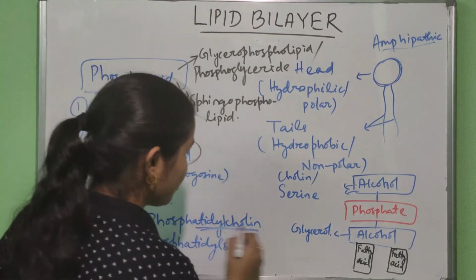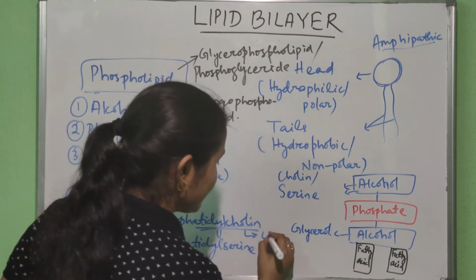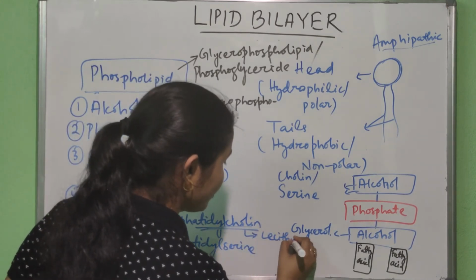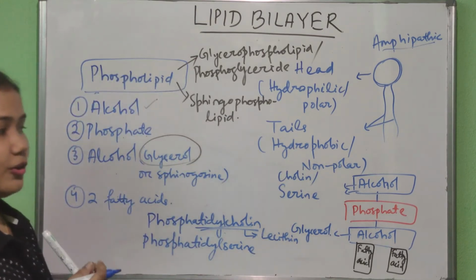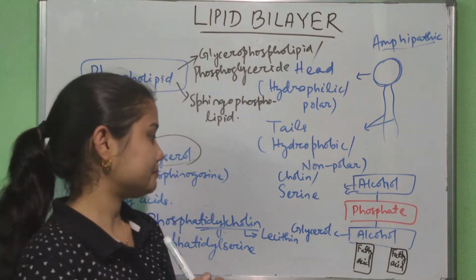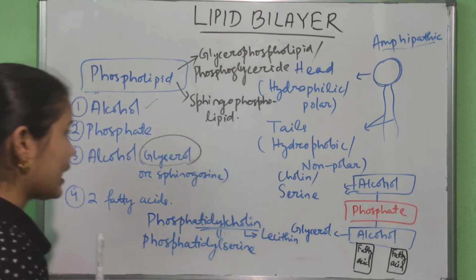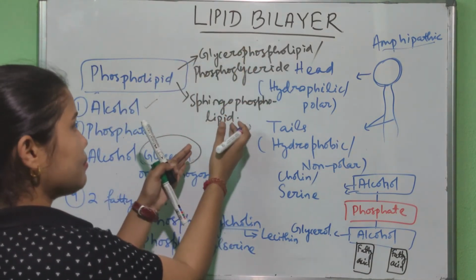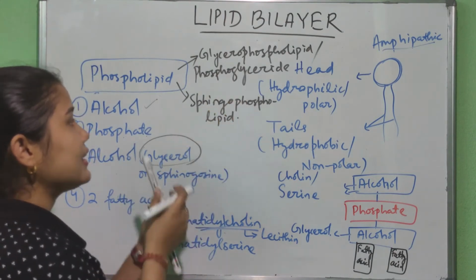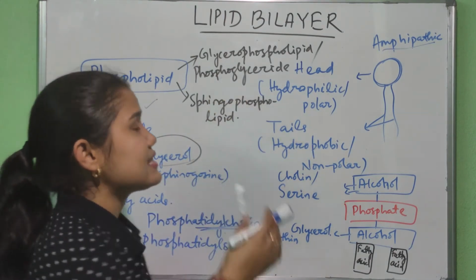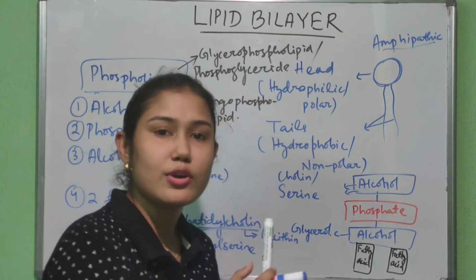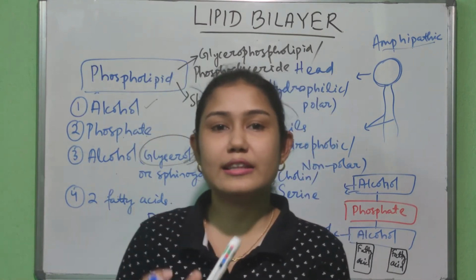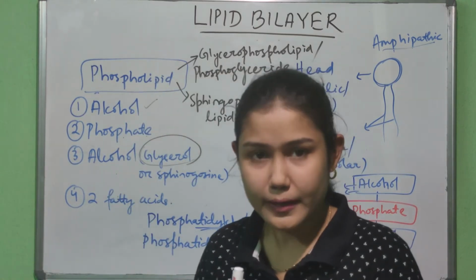And this phosphatidyl choline is also known as lecithin. You all know about lecithin. Clear? Now, comparing the phosphoglyceride and the sphingolipid, the phosphoglycerides are the most abundant phospholipid found in the plasma membrane.